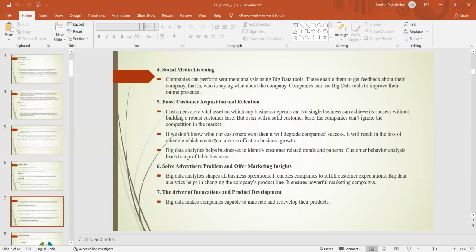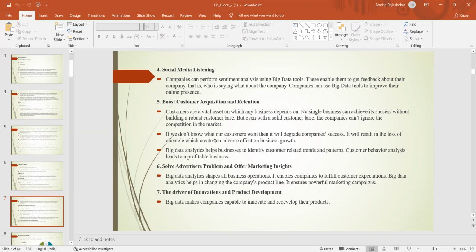If we don't know what our customers want, it will degrade company success. It will result in the loss of clients, which has an adverse effect on business growth. Big data analysis helps the business identify customer-related trends and patterns. Customer behavior analysis leads to a profitable business.